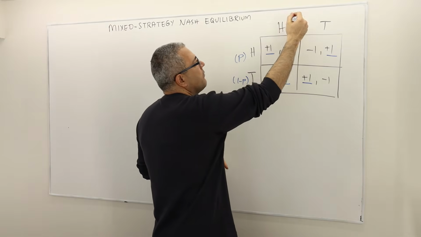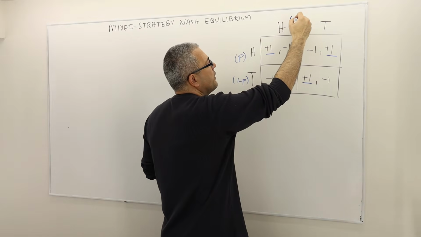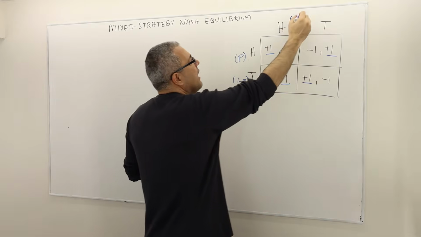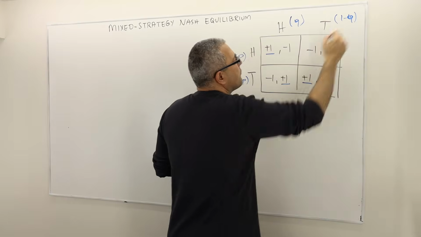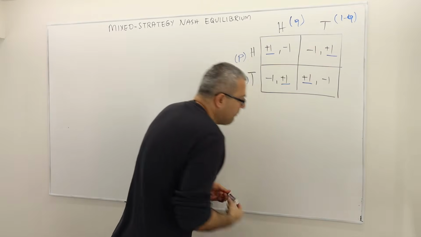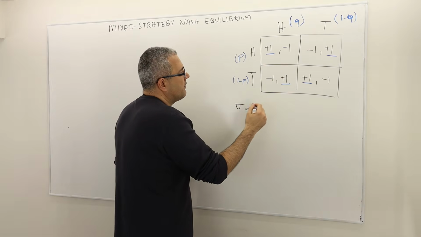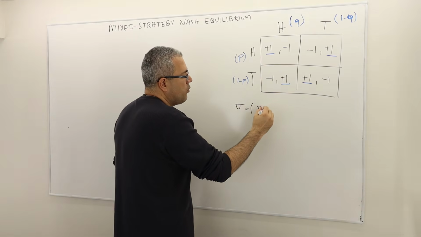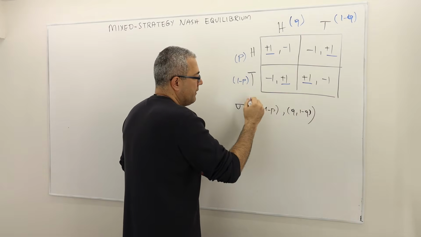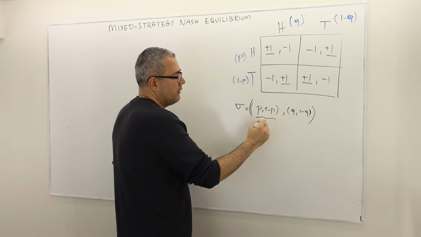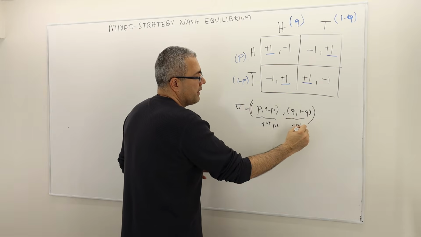And similarly, let's suppose player 2 plays head with probability Q, let's use a different letter, and therefore she's going to play tail with probability 1 minus Q. So a mixed strategy Nash equilibrium, sigma, has the following form: P, 1 minus P and Q, 1 minus Q. The first refers to player 1, and this refers to the second player's strategy.